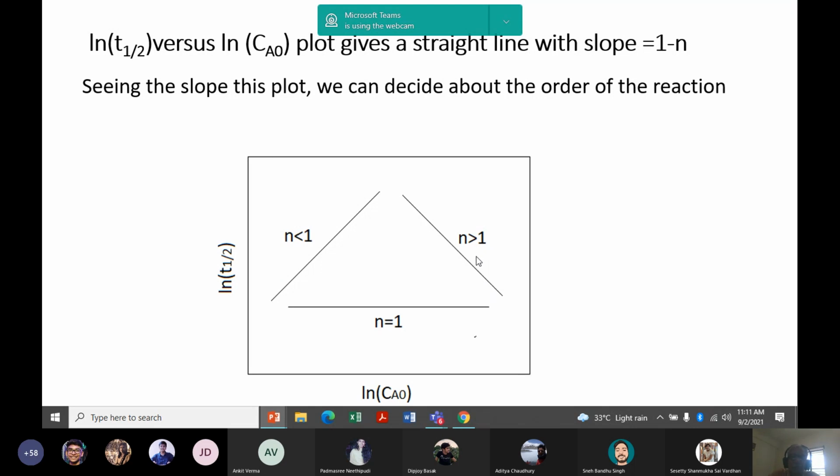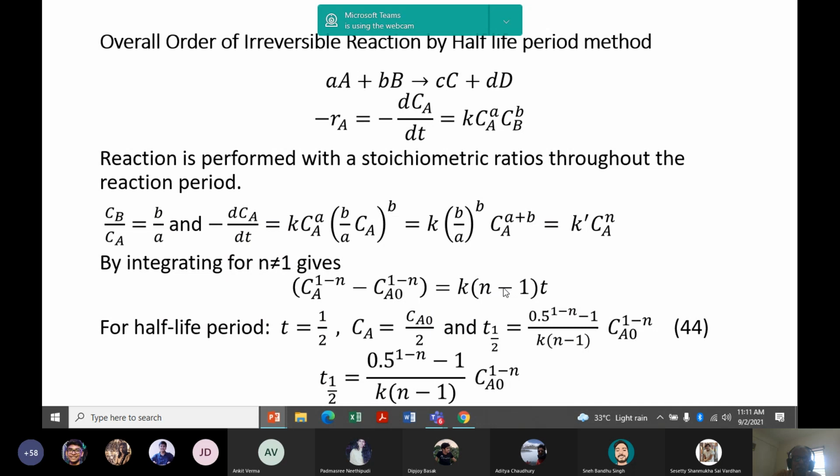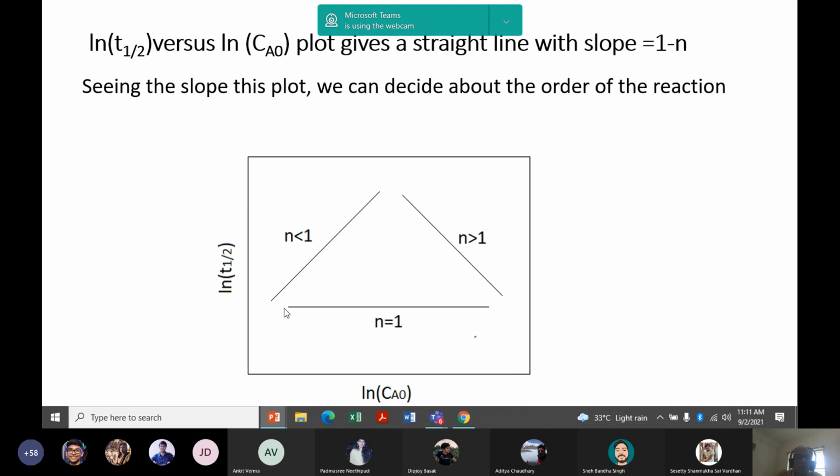So inspect the equation: if n is greater than 1, the slope is negative, and if n is less than 1, that is 0.5, 0.3, any fractional order, then it is positive.